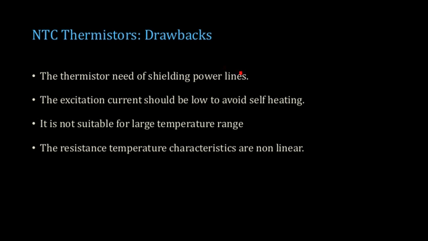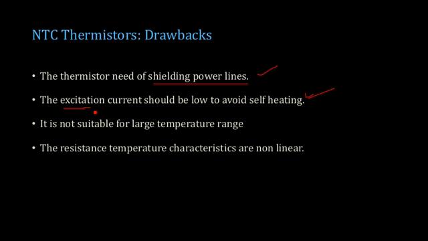Some of the drawbacks are that they need shielding from power lines. That is, shielding from high voltage lines is required while using thermistors near power lines, and excitation current should be low in order to avoid self-heating. Again, you need an external power source to operate the thermistor.